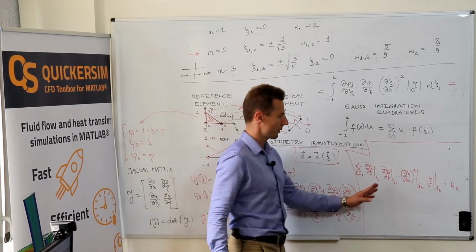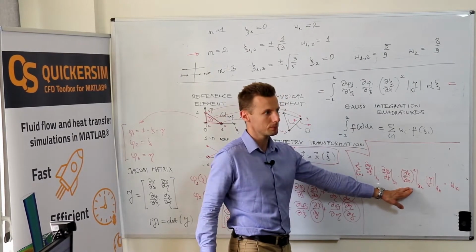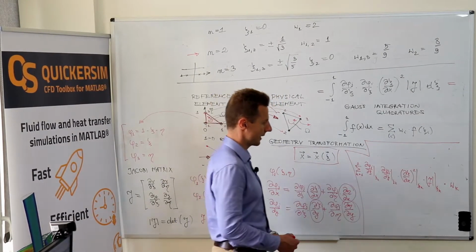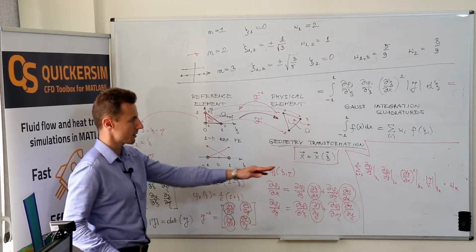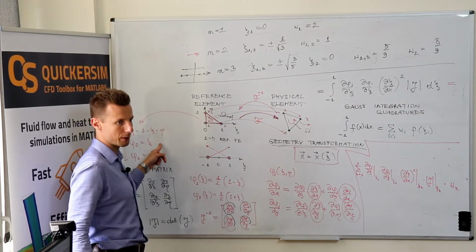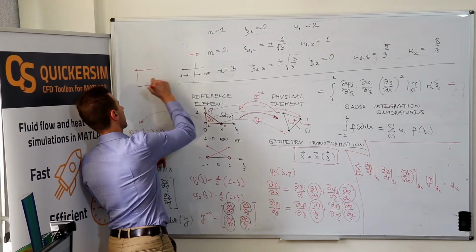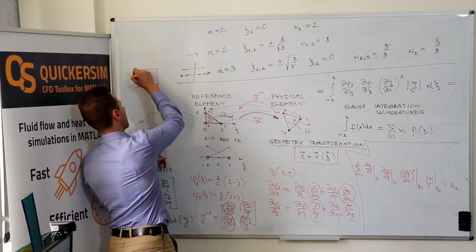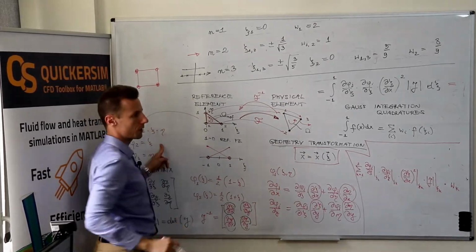Just one final remark about geometry transformation. We didn't cover it yet, but I have said that these values are constant for 1D linear or triangular linear elements. That's true. If you want to define a quad element, what are the shape functions that we are using in this case?